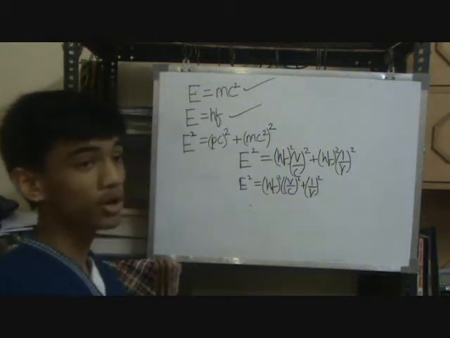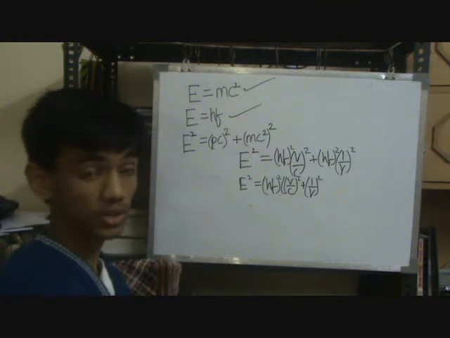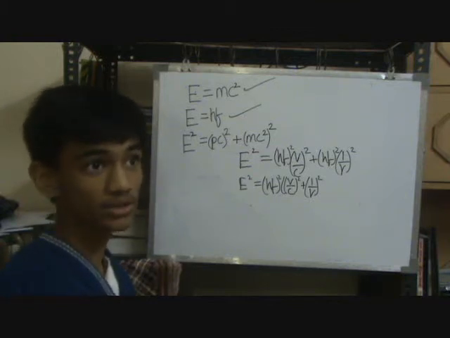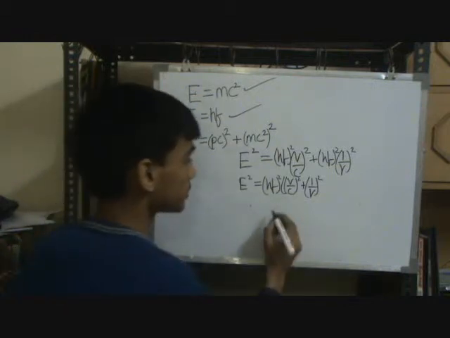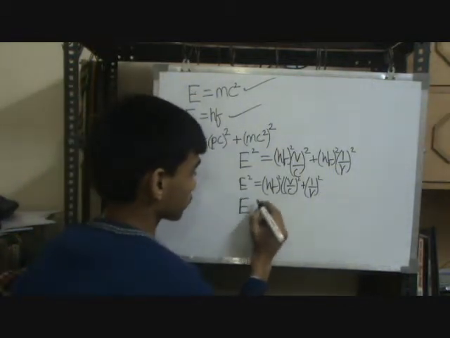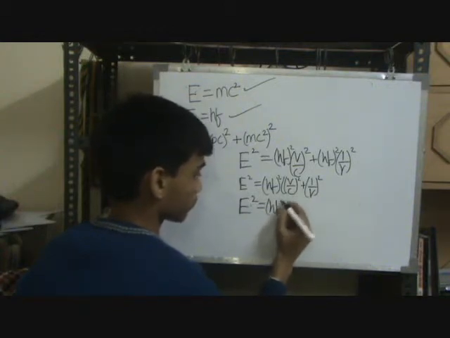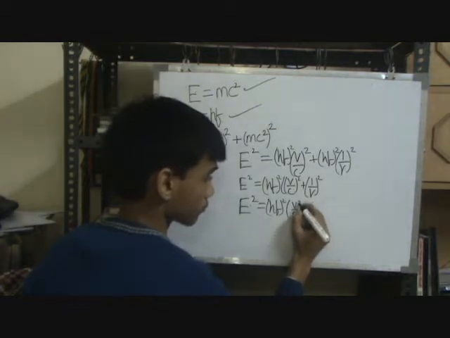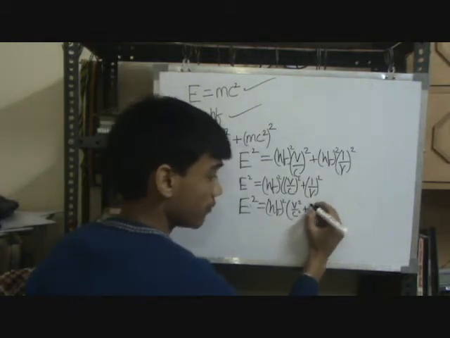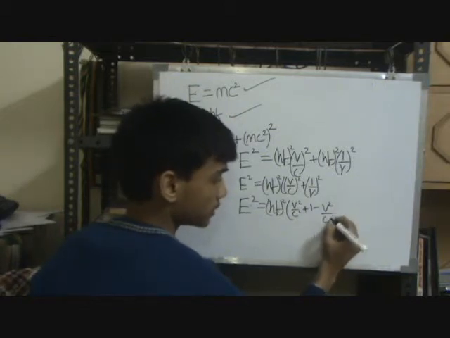Therefore, 1 upon Lorentz factor is equal to root over 1 minus v square by c square. So (1 upon Lorentz factor) whole square becomes 1 minus v square by c square.